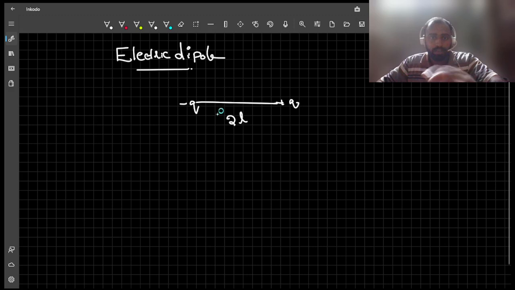Along with this electric dipole, I have to define a new quantity, the electric dipole moment. What is an electric dipole moment?